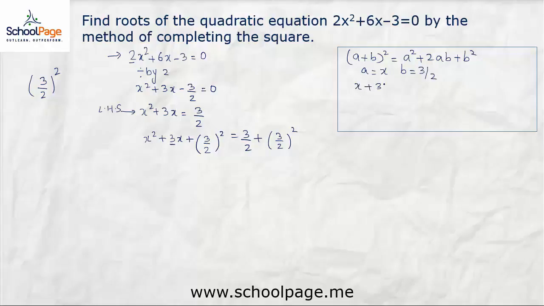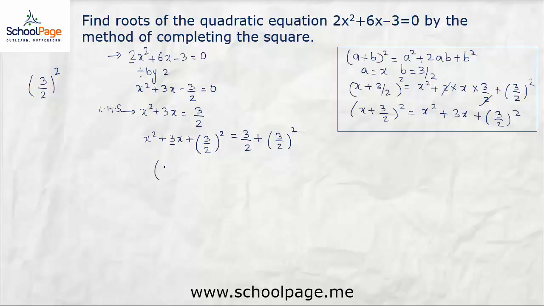So (x + 3/2)² = x² + 2 · x · 3/2 + (3/2)². So (x + 3/2)² = x² + 3x + (3/2)². So the left hand side of the equation is a perfect square.